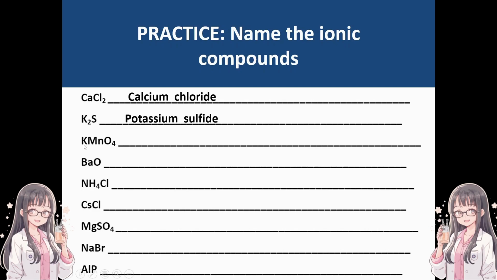Next, KMnO4. K is potassium, MnO4 is permanganate. So therefore, with the rules applied, potassium permanganate. Next, BaO. Ba is barium, O is oxygen. Final name will be barium oxide.